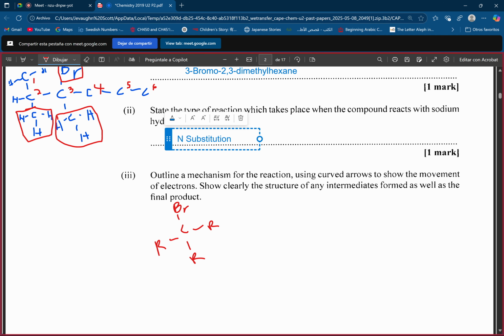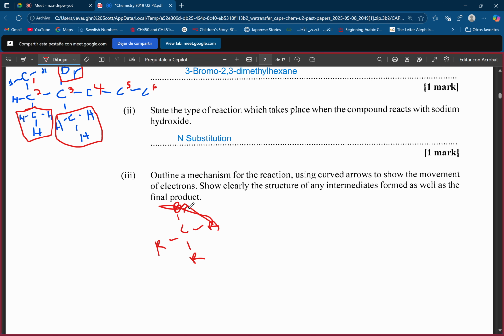So we have something like that. Or I could flip around these two to put the bromine right here. It's technically an isomer, but let's look at this. Alright, so let's flip this around. Have the bromine there, have that R group here. So those are methyl groups, right?